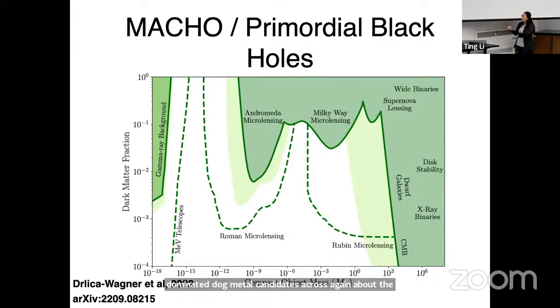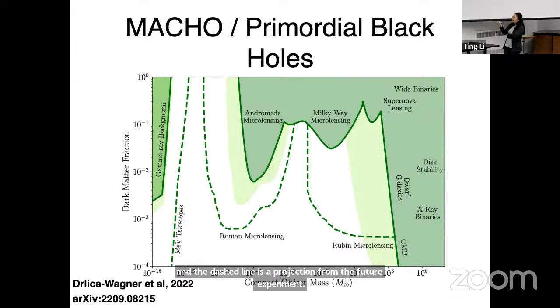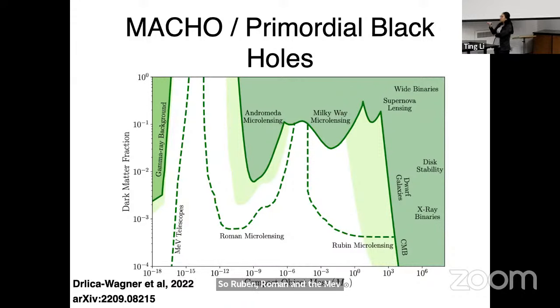This is in solar mass. And the dashed line is a projection from future experiments. So Rubin, Roman, and MeV gamma ray telescopes in space will also try to put more constraints. But there's still a gap: MACHO can still survive in a very small area at about 10 to the minus 15 solar mass.